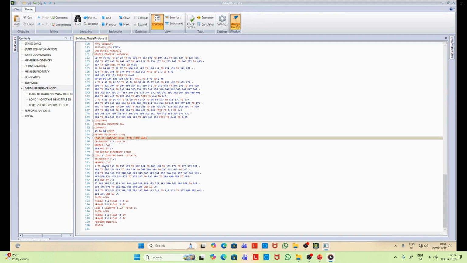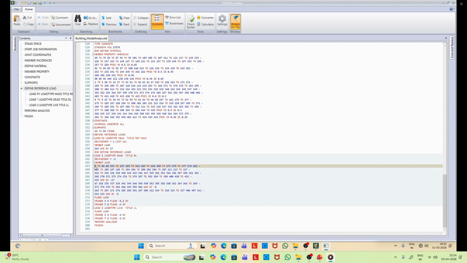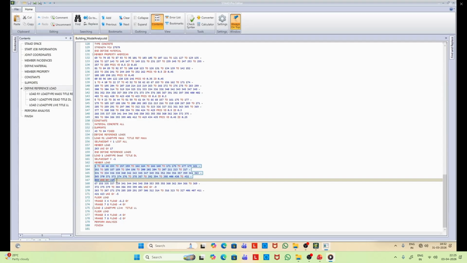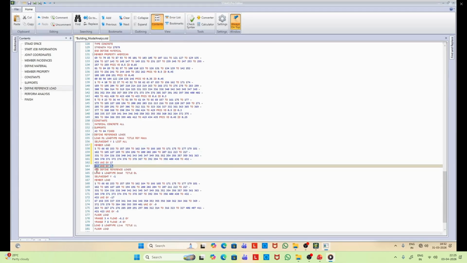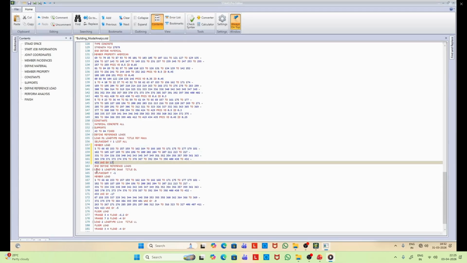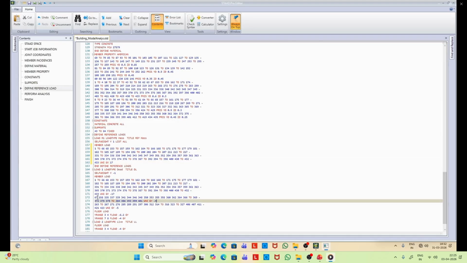These are the floor loads we applied earlier. You can see that minus 17 was the force. So let us copy these beam numbers where we have to apply this floor mass, and for this mass we don't need the negative sign, so let us remove that negative sign. Now this is for one story, and we can repeat the same for the other story.